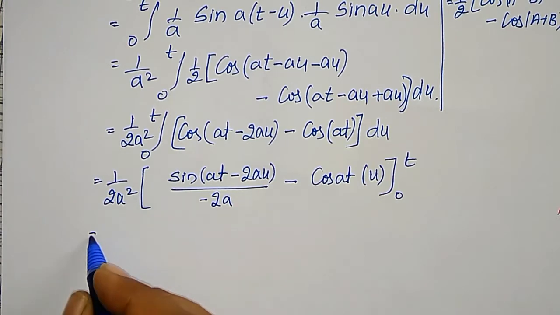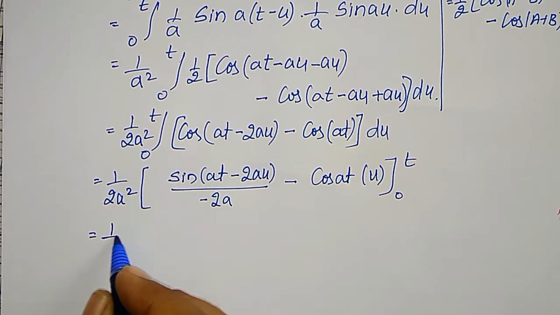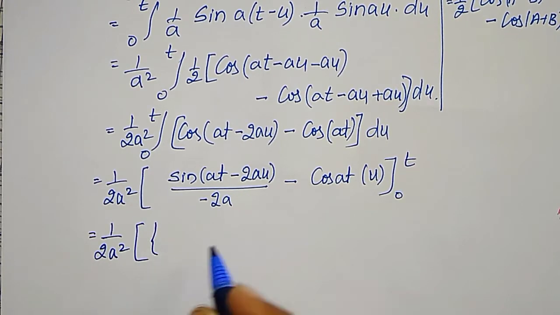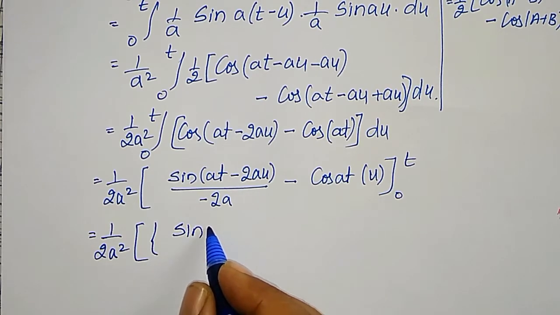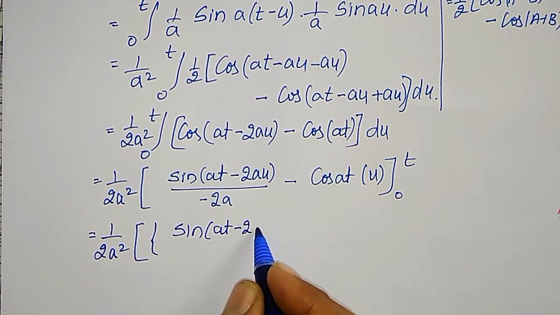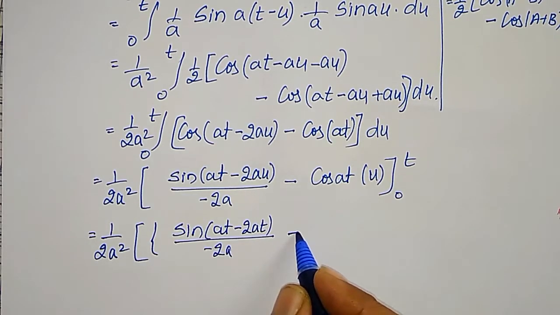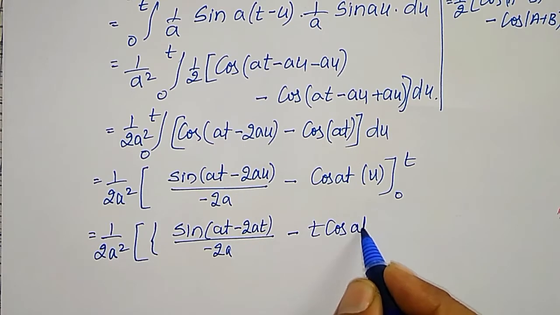Now substitute upper limit minus lower limit and simplify this one. Okay, let me substitute upper limit first. 1 by 2a square into upper limit u equal to t, sin of (at minus 2at) whole divided by minus 2a, minus t into cos at.